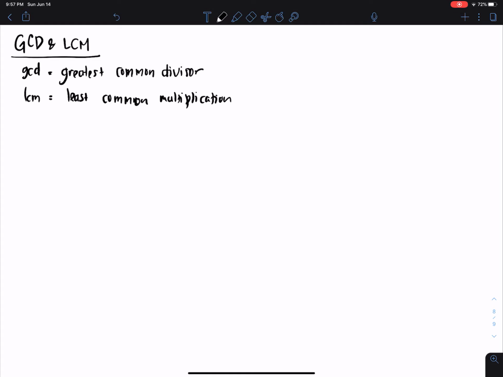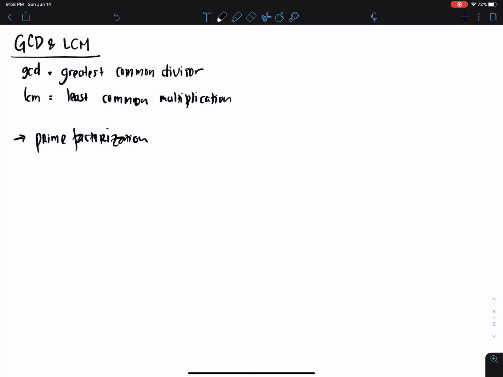In the previous video we already talked a little bit about prime factorization. Prime factorization means we factorize composite numbers into a few prime numbers.